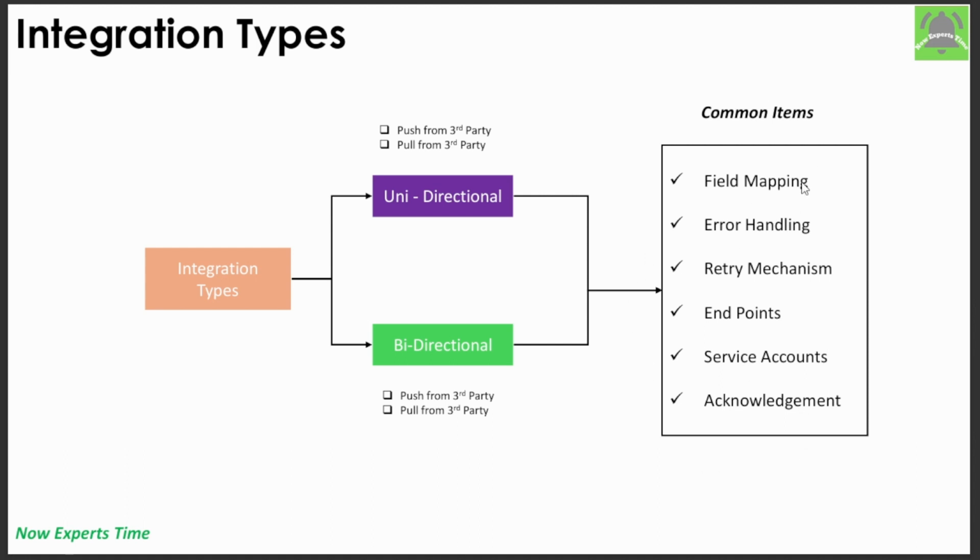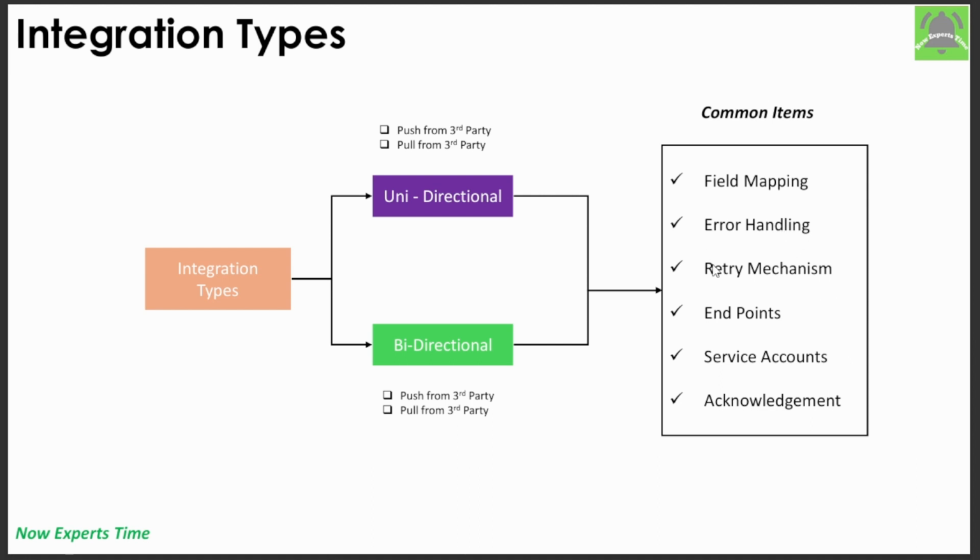Once the transaction is done and the mapping is also done, the receiver should send the acknowledgement to the source system, whether it is success or not. That acknowledgement is based on your error code. If it is 200 or 201, it is successful. 400, 404, 401, those are the error codes we normally use. If you want to customize your codes based on your business requirement, that is also doable.